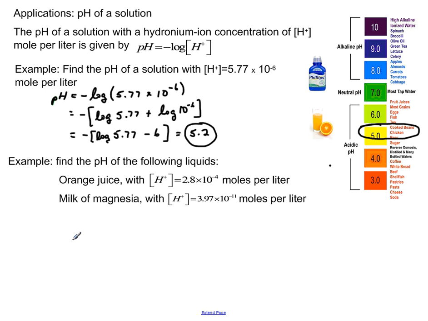Well, how about some other solutions? Here's some interesting ones. Orange juice happens to have a hydronium concentration of 2.8 times 10 to the negative 4 moles per liter, right? Wouldn't orange juice be slightly acidic? Well, let's find out. Let's take our common logarithm right here. Here's my OJ.